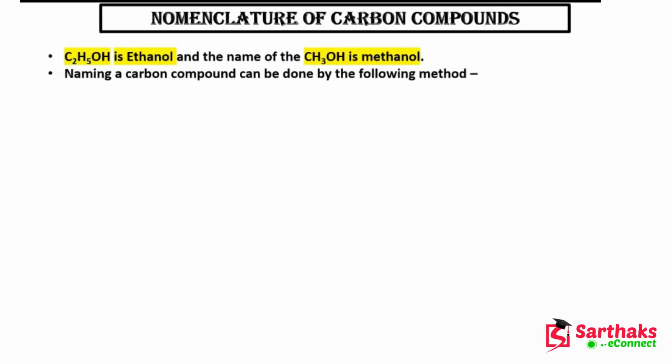So, basically, let's suppose we are taking C2H5OH. The name of this compound is ethanol. Now, why are we calling it ethanol? Because you can see that there are two carbon atoms present in this compound.